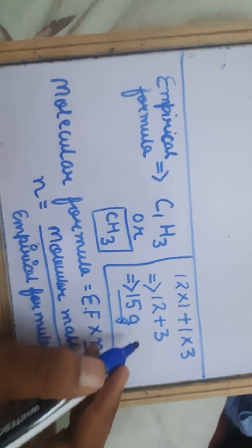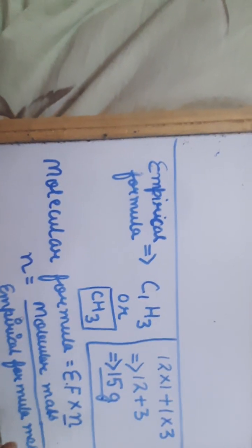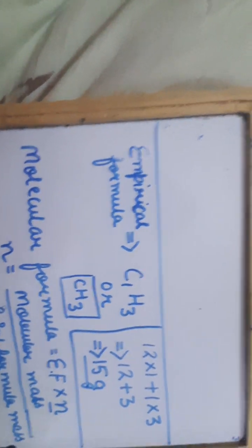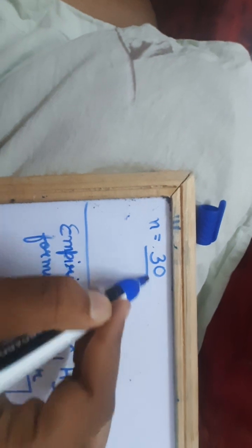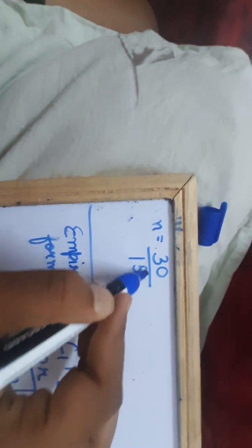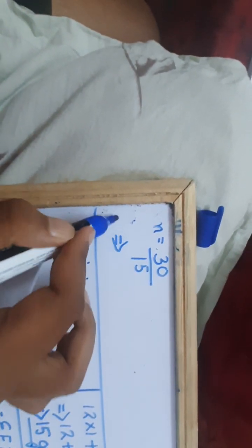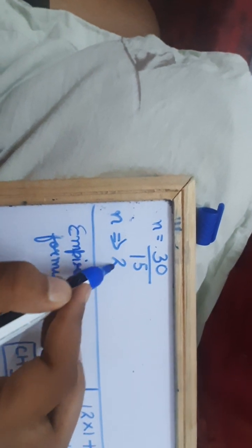It is the empirical formula mass. Molecular mass is given, it is 30. So let's find n. n equals molecular mass, that is 30, by empirical formula mass, that is 15, which gives n equals 2.